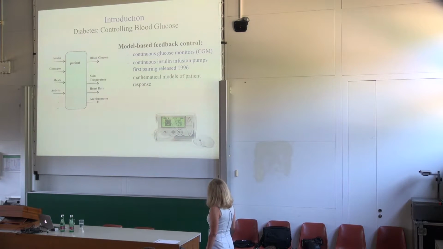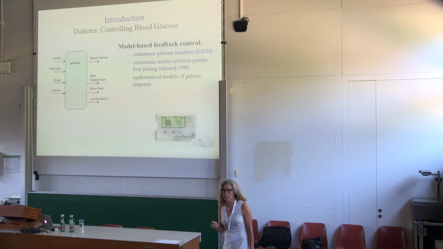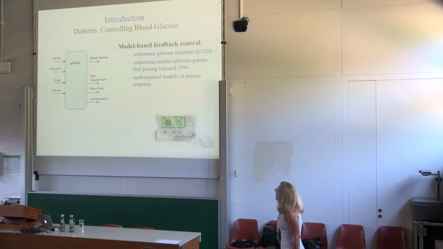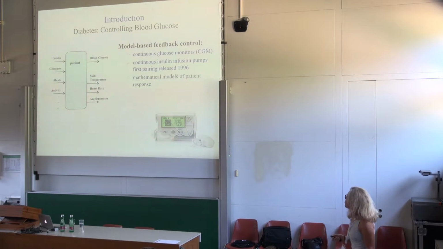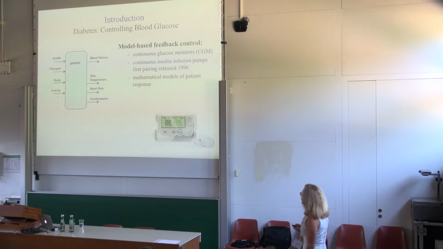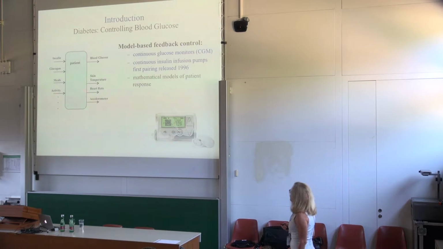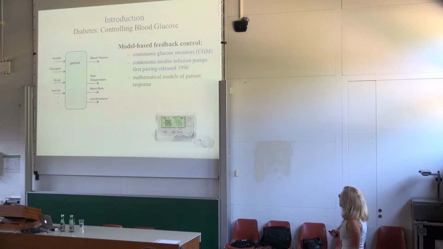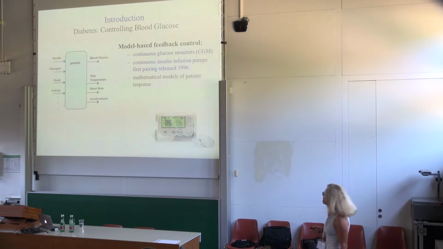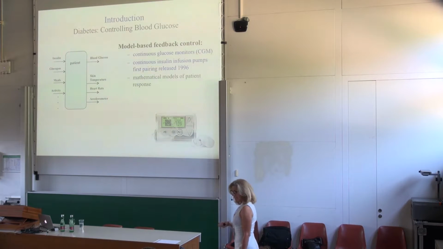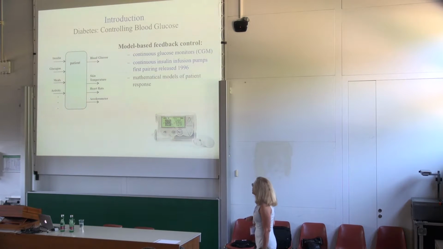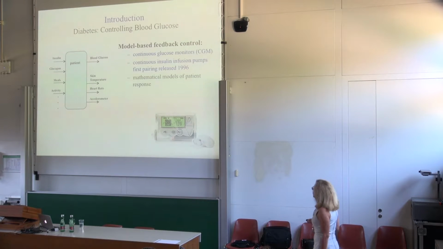But more immediately, what researchers are looking at is means to include information about meals and activity levels of the patients into the control mechanism. So how to do that would require the patient to actually provide feed-forward information about their meals. Activity levels, people have actually considered using accelerometers to essentially measure the activity level of the patient and use that information in the feedback devices themselves.